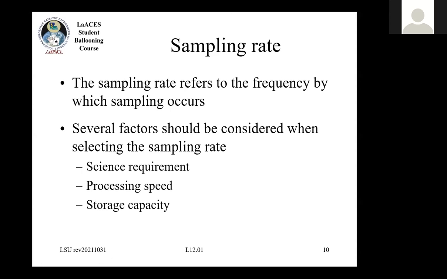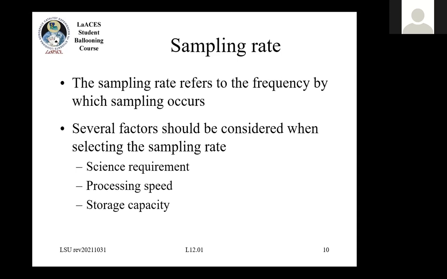Now, storage capacity these days is not really as much of an issue as it was, because, good luck finding an SD card that's smaller than 32 gigs. But when you were using something like a 16 kilobyte flash memory for storage, you were thousands of bytes smaller, that was a lot more of a concern.